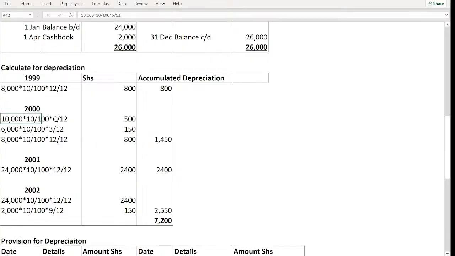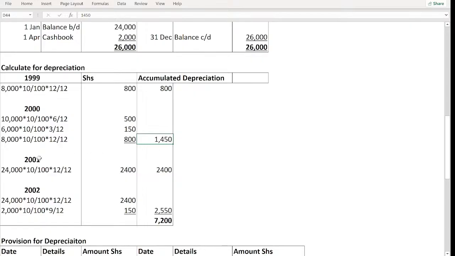The period was 6 months since it was bought in July, so it will give us 500. Then we also bought another one on 1st October, which is going to give us 3 months. So we get 6 months of 10%, in 3 months 150. So we add the depreciation here. We are going to get 1,450 as the accumulated depreciation.